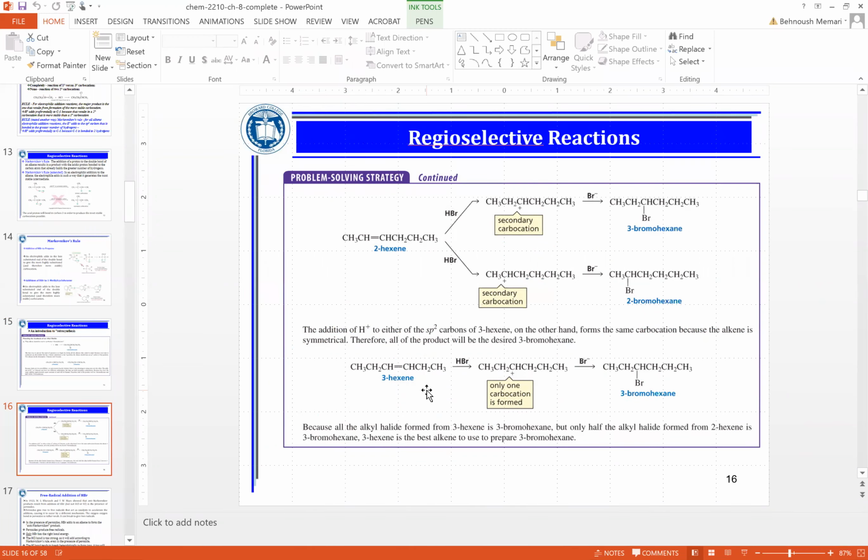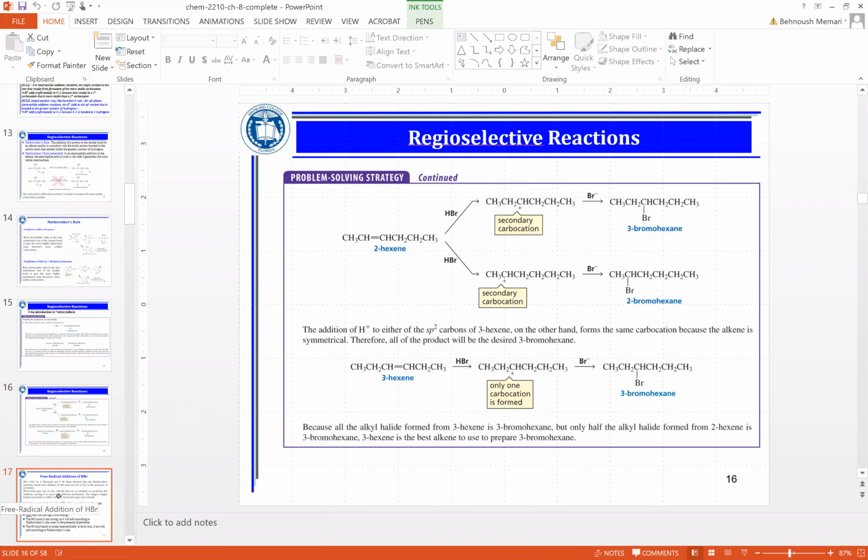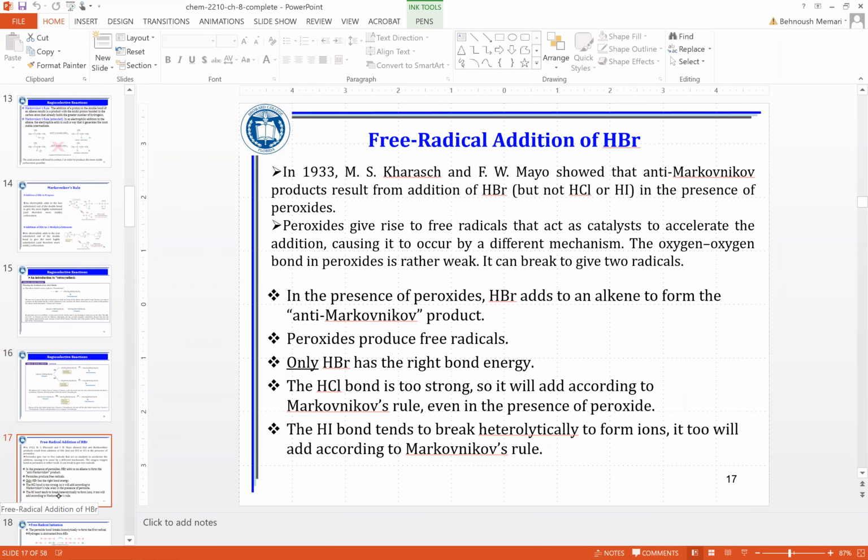So this is just on the next slide. It's just explaining that if you have the 3-hexene, you would get a single product, and because it's a single product, there is no discussion, and it would be better.